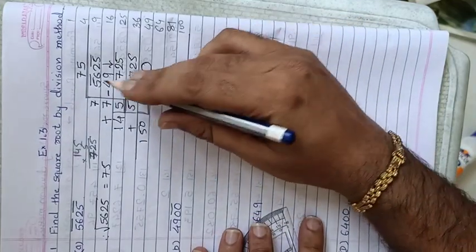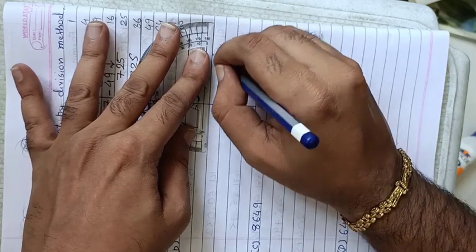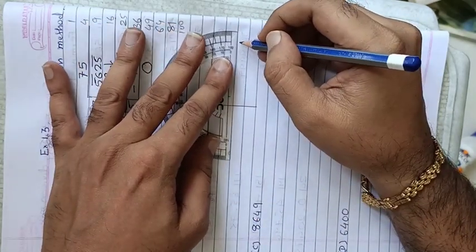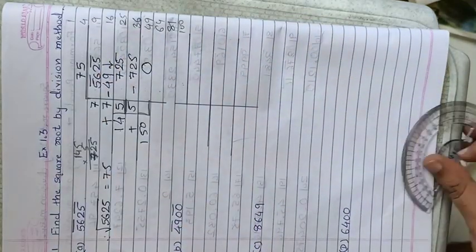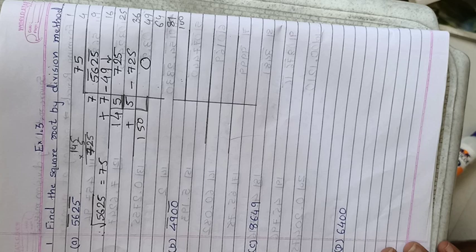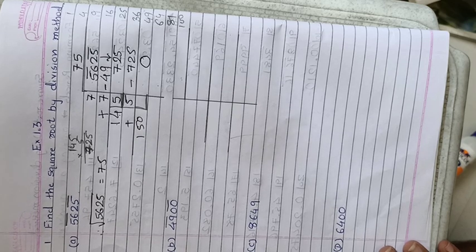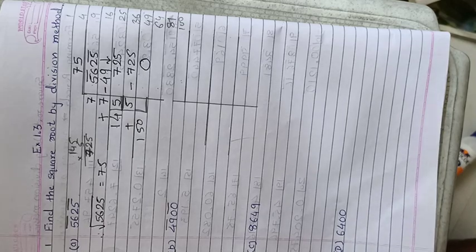So 1 is for the quotient. Then after leaving 2 lines, this way you have to draw a table, and after this table we will start.